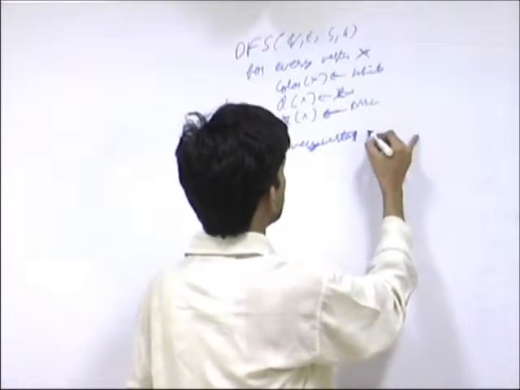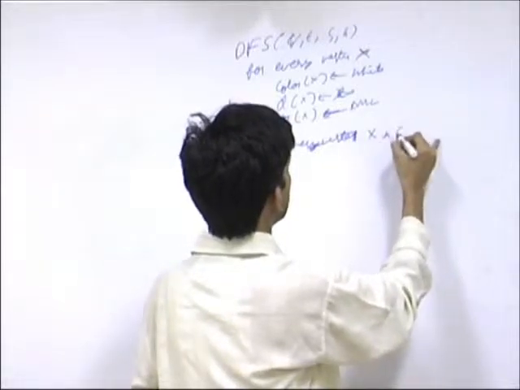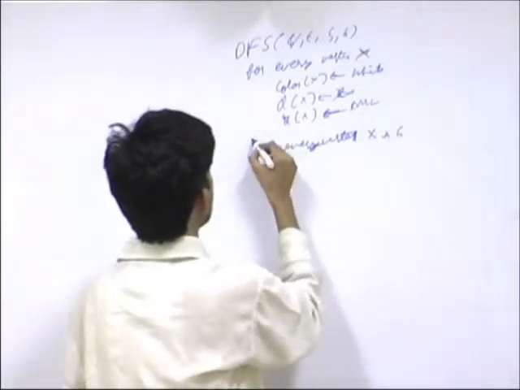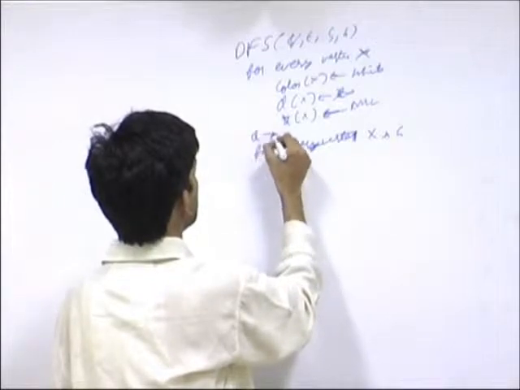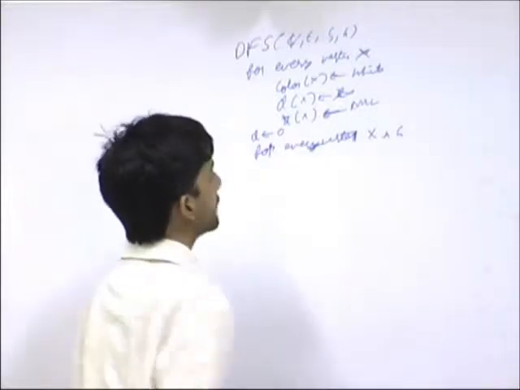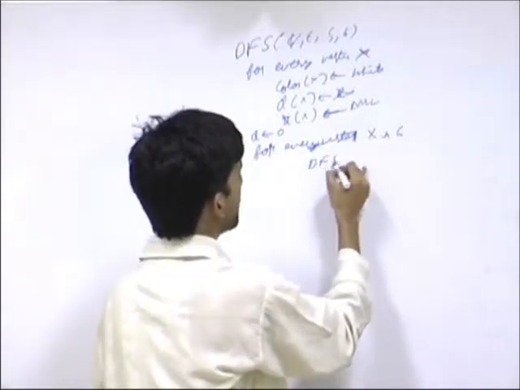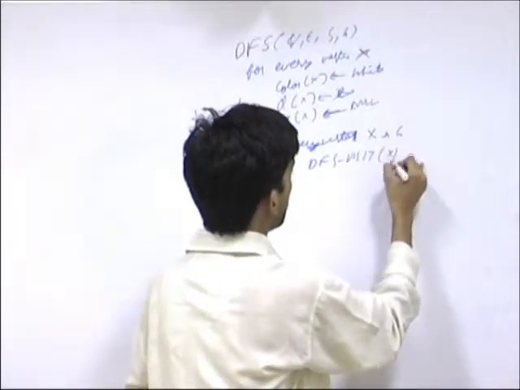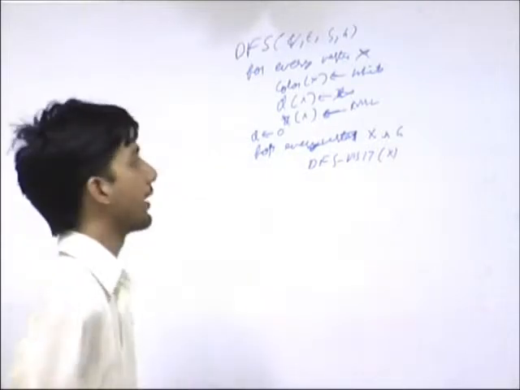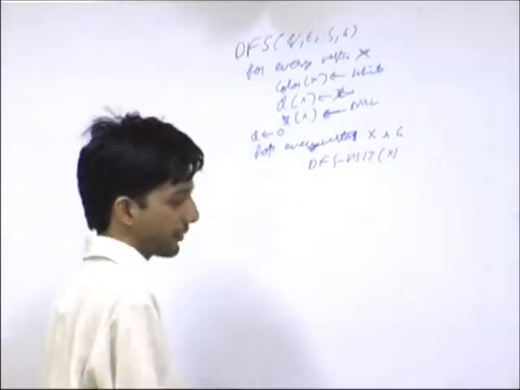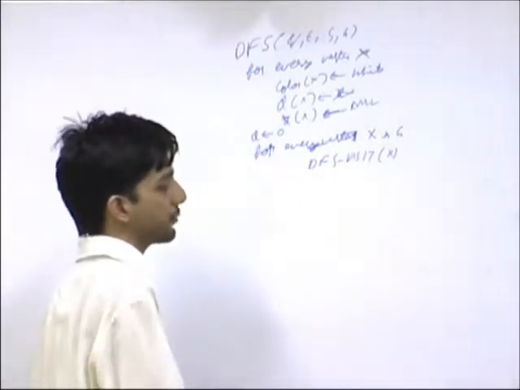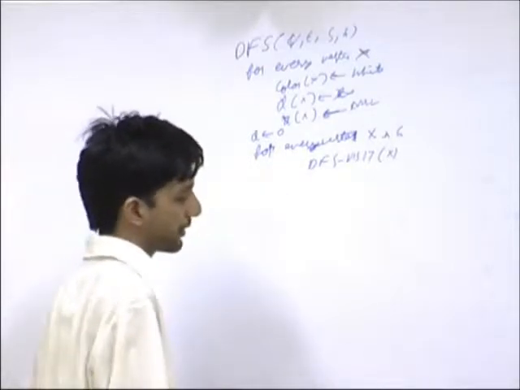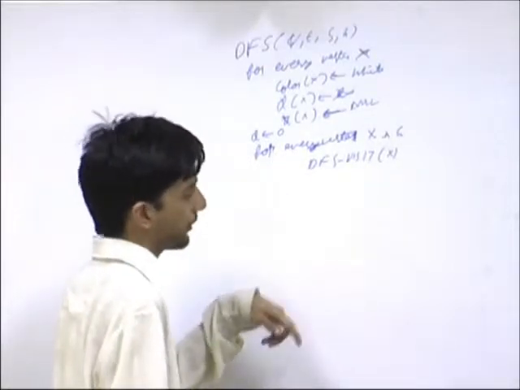So I say for every vertex X in graph, the time was initialized to be 0 over here, and I simply said that you please visit it. And that's how I finally computed the entire DFS tree, where each and every node was analyzed and we were trying to find out.